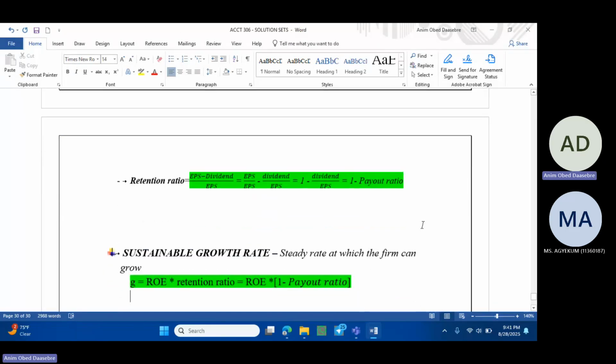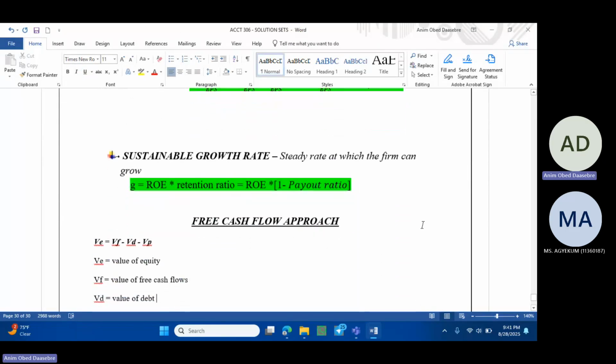Then the last method we can also use to find your growth rate is the sustainable growth rate. And with this sustainable growth rate, it is the same as the other method that we wanted to use.